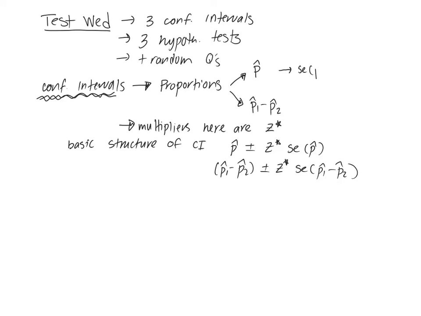And how do you find the standard error of P hat? It's just P hat, use P hat: square root of P hat times 1 minus P hat over n. Does that ring a bell? How do you find the standard error of P1 hat minus P2 hat?